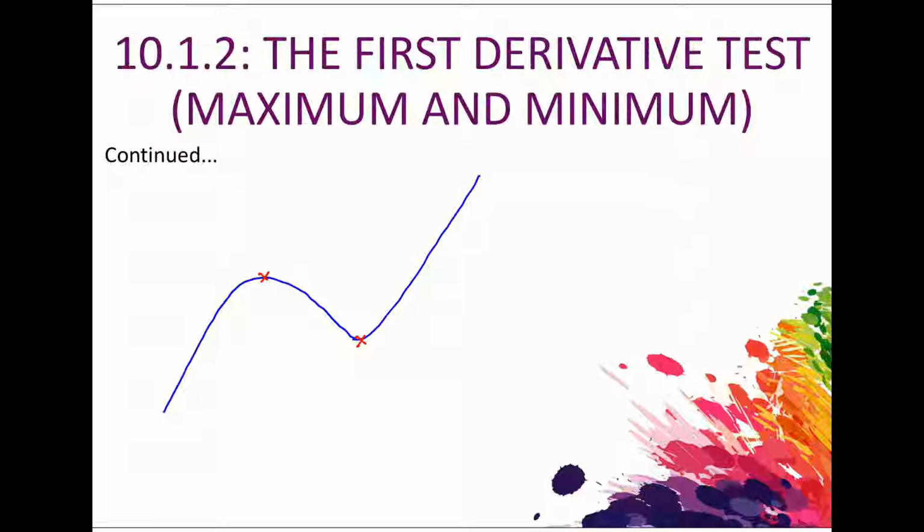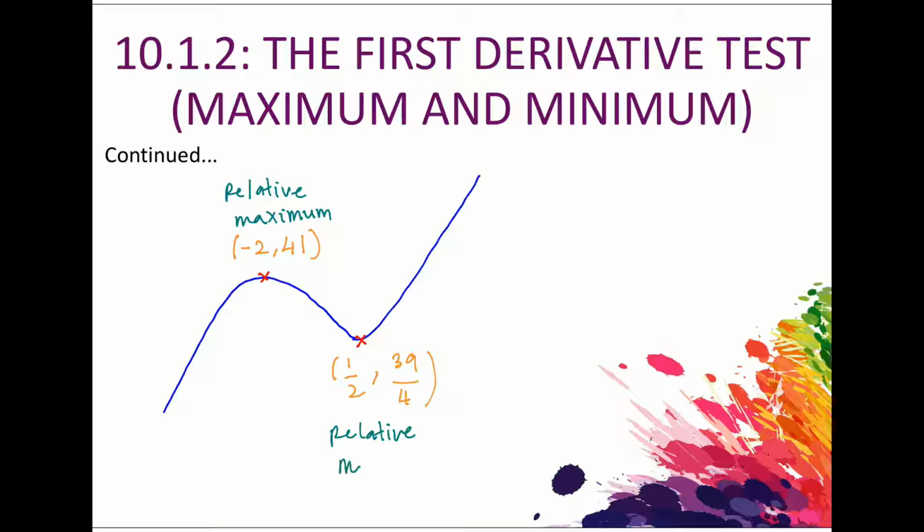So from our calculation just now from the table, we can say that the relative maximum is located at (-2, 41) and the relative minimum is located at (1/2, 39/4). So let me put here relative maximum, and here is relative minimum.